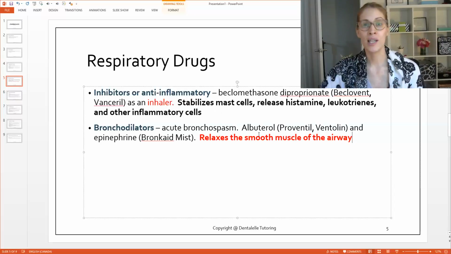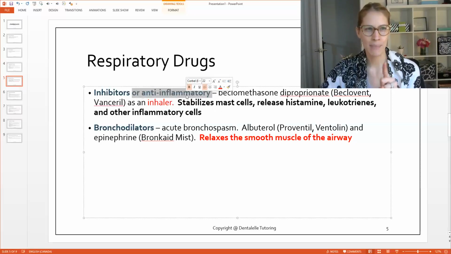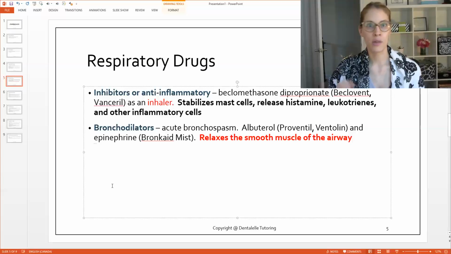So you do need both aspects of it. You need the bronchodilator and something with an anti-inflammatory. Does that make sense? Because this is something where a lot of students tend to get confused, and they are specific on the board exam. So they both go hand in hand.